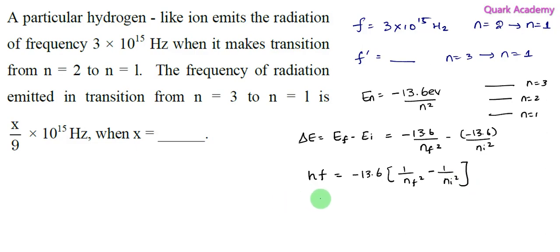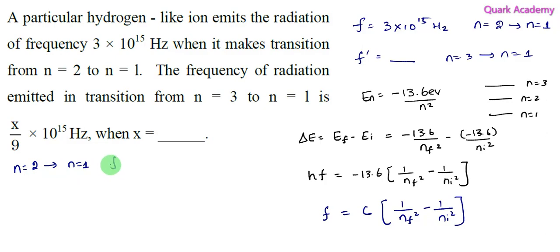We are interested in frequency, so I rearrange this and write the frequency F as some constant C times 1 by Nf squared minus 1 by Ni squared. Using this, let's write F for the transition from n = 2 to n = 1. F is C into 1 by 1 squared minus 1 by 2 squared.